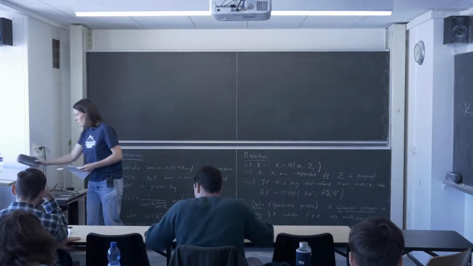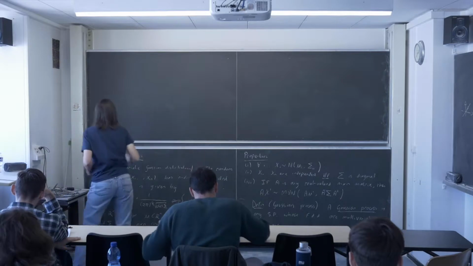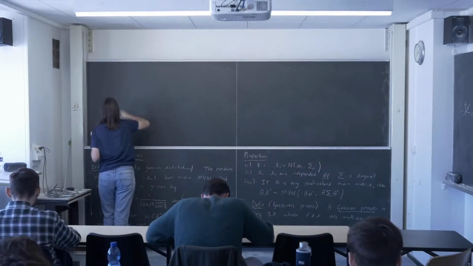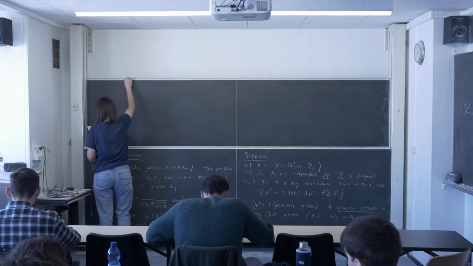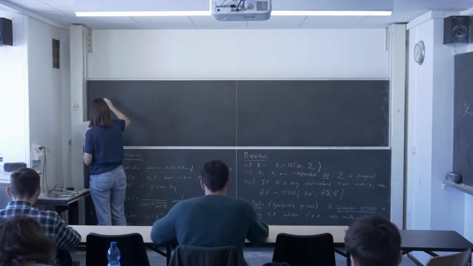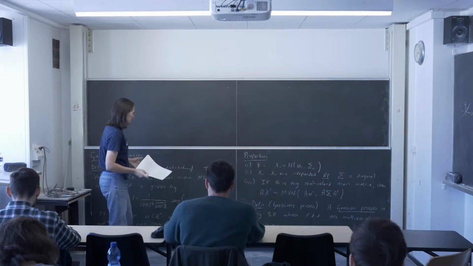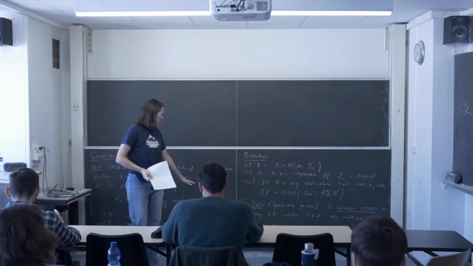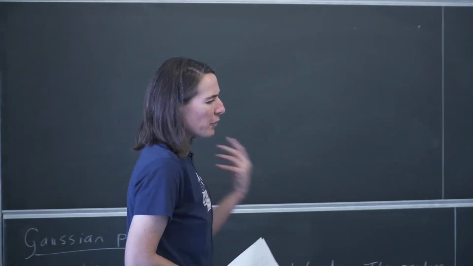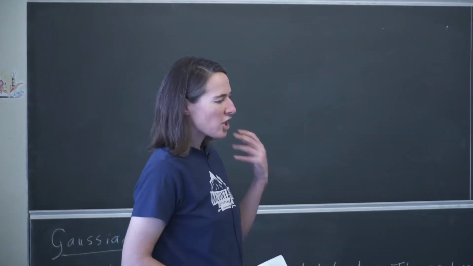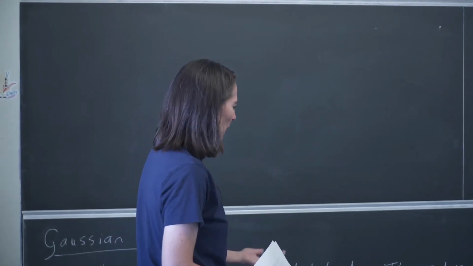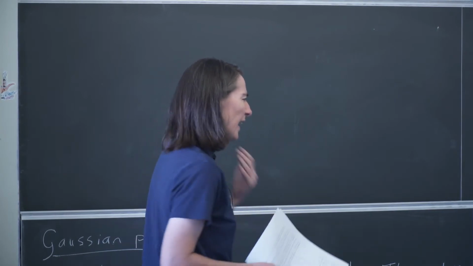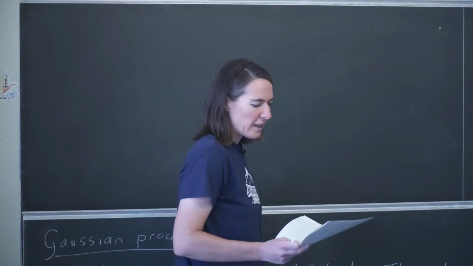Okay, so just a couple of examples. When I give the examples, as I said, because the Gaussian distribution is only determined by its mean and covariance matrix, if I want to give you the finite dimensional distributions, I just need to give you the vector of means and the pairwise covariances, and tell you it's Gaussian, and then you can work out all the distributions.